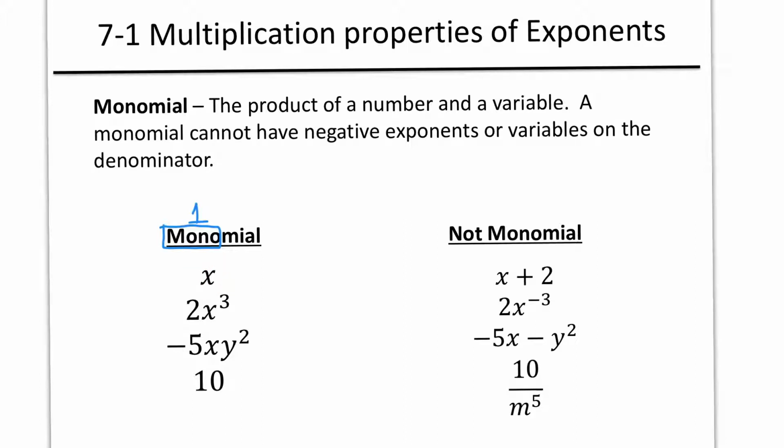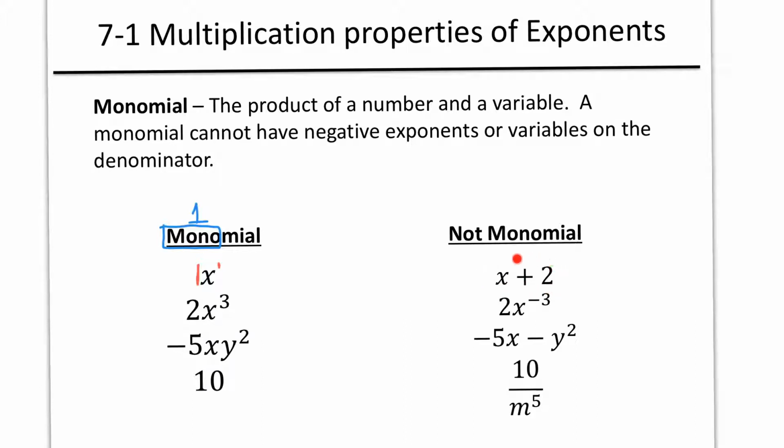X is a monomial because it's a variable. The exponent that the x has is an invisible 1, so I'm just going to put a 1 there so you can see it. And the coefficient, the number in front of the x, is also an invisible 1. So you can say it's 1x to the first power, or just x. So that's a monomial, only one term.